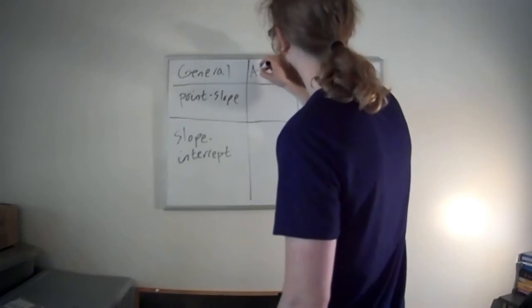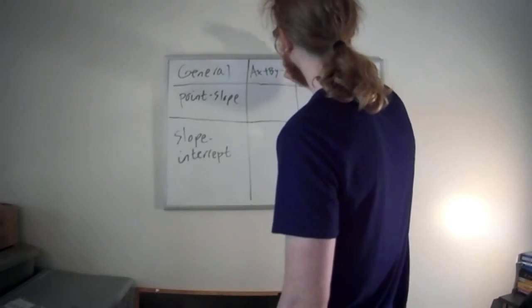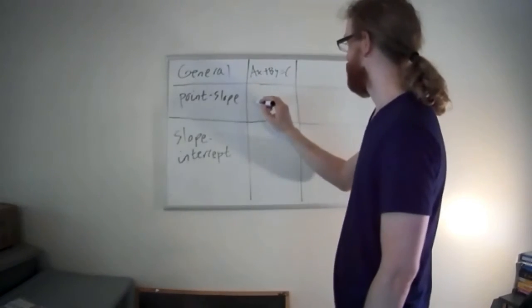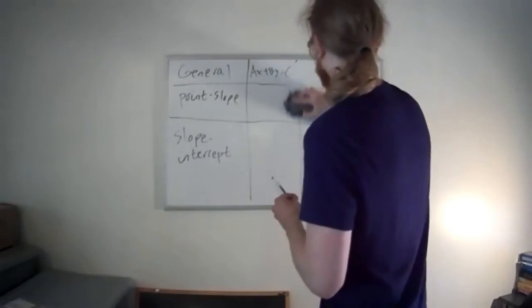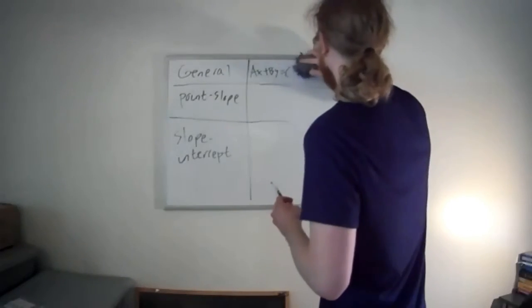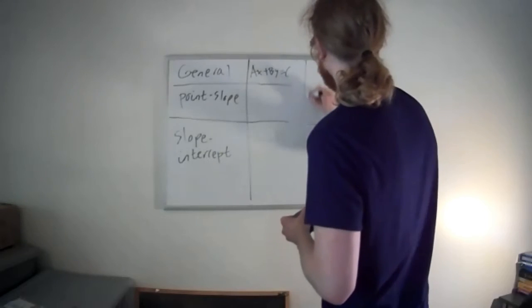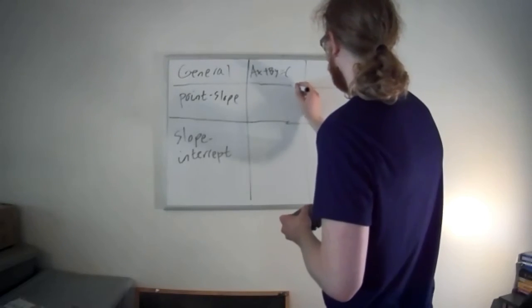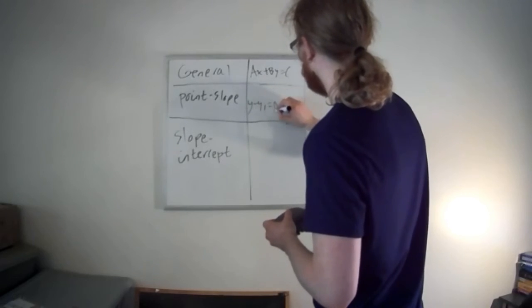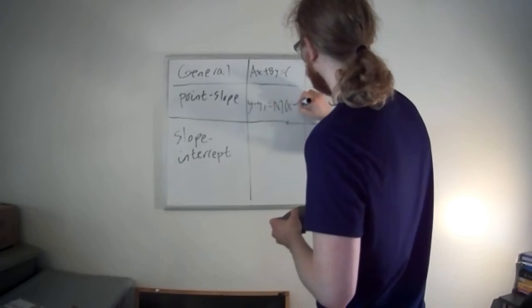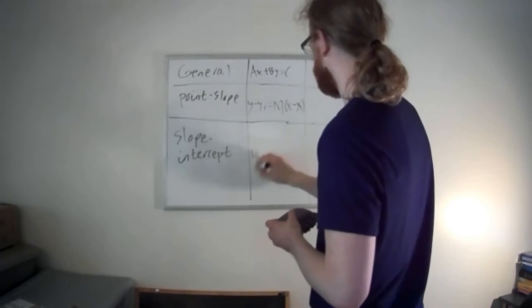This was Ax plus By equals C. This is y minus y1 equals m times x minus x1, and this is y equals mx plus b.